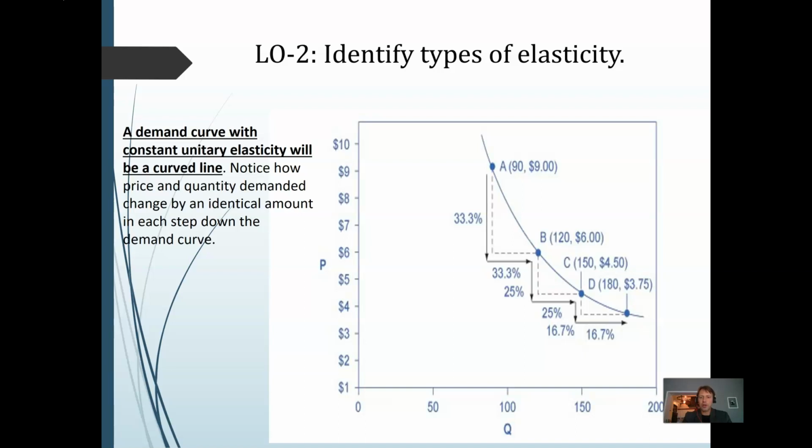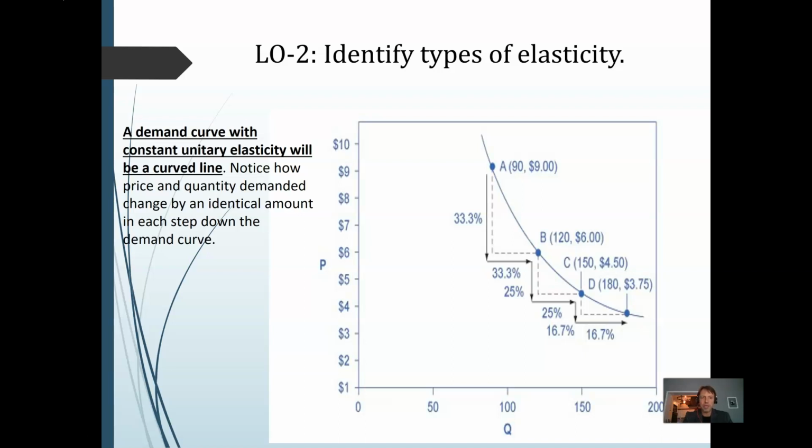And so this curve is an example of the same elasticity along the entire line, an elasticity of 1, unit elasticity, where the percentage change in quantity and the percentage change in price are exactly equal no matter what point you move to, from A to B or B to C or C to D along that demand curve.